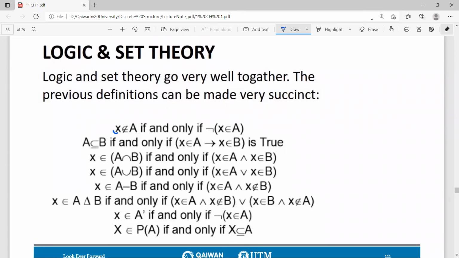We say X doesn't belong to A if and only if the negation of X belongs to A. These two statements are actually the same.